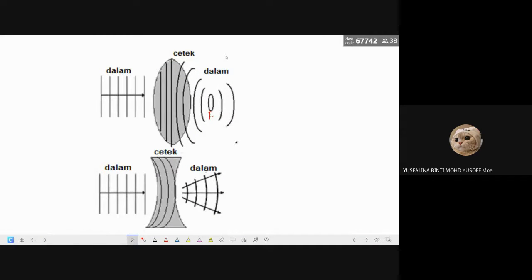You can see all the wavelengths are focused into one point, while at the concave it diverges, it spreads the wavelength.